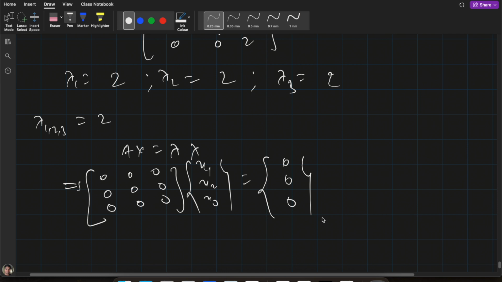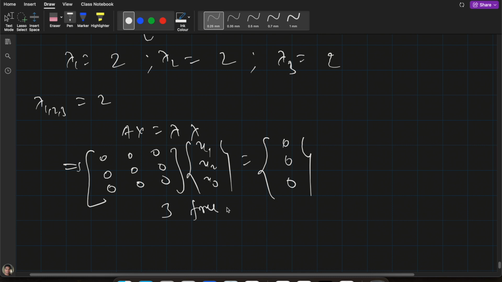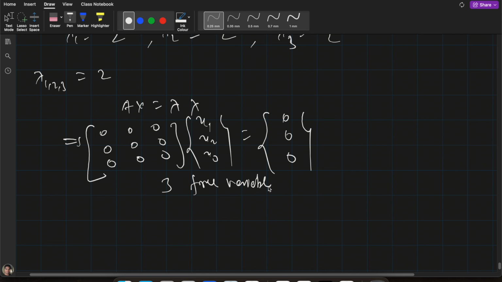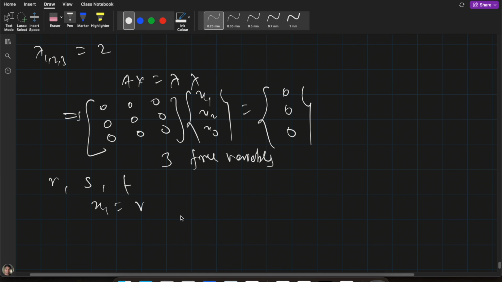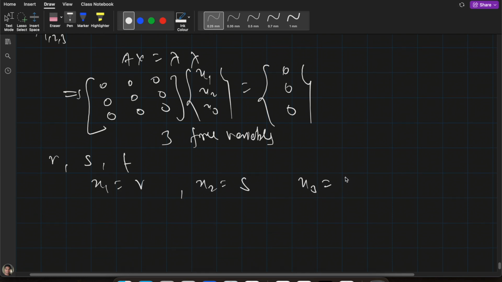How many free variables are here? 3, because there are no pivots. So you have all three variables r, s and t, which means that x1 equal to r, x2 equal to s and x3 equal to t.